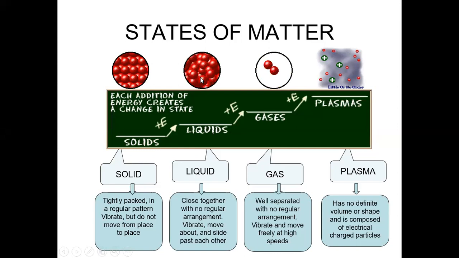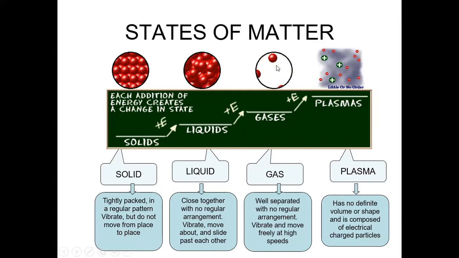The second state, which is a liquid, can you see the particles? They are closely packed together. They move past each other. They have more energy than solid particles. They have a fixed volume, but they do not have a fixed shape.